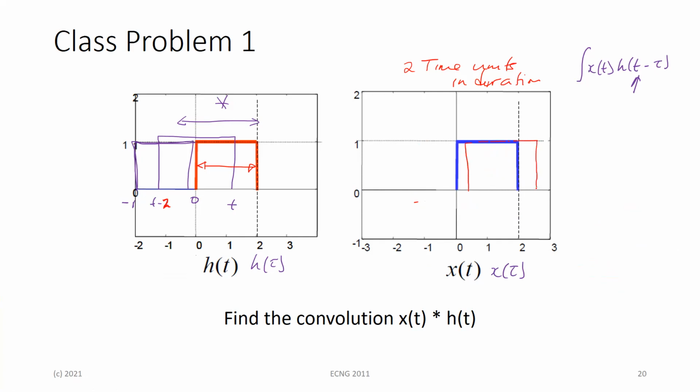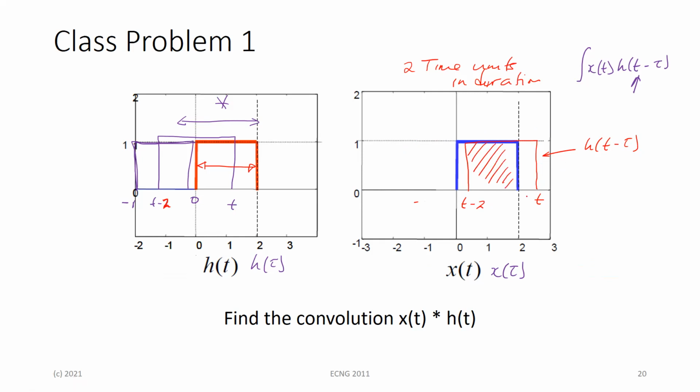So this is your h(t minus tau), keeps moving. This is the back end, which is t minus 2 behind. So it slid on, the area of overlap started, it got bigger and bigger till one pulse was entirely over the other one. And now it's starting to get less. So the area of overlap is now this.